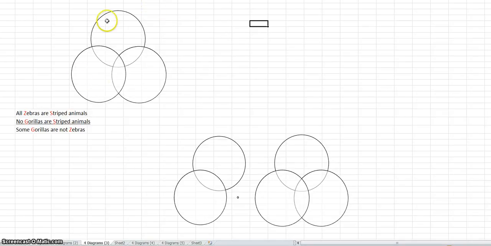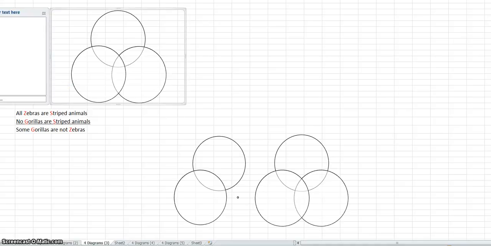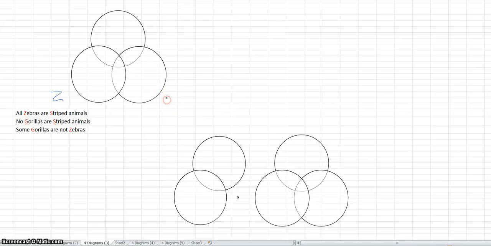All zebras are striped animals. No gorillas are striped animals. So we know that zebras, I hate when I do that, excuse me, I did that wrong. We know that zebras are the predicate.